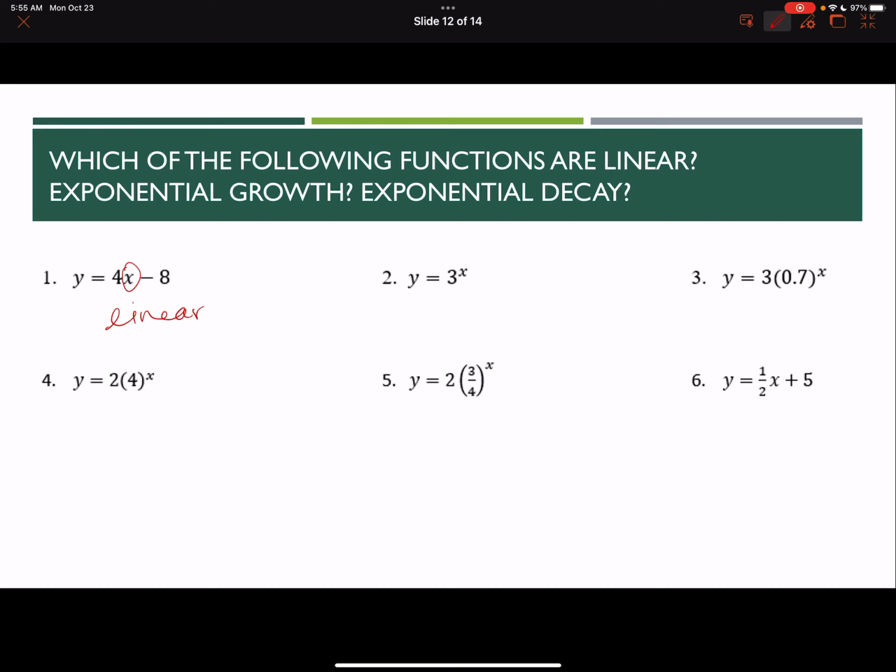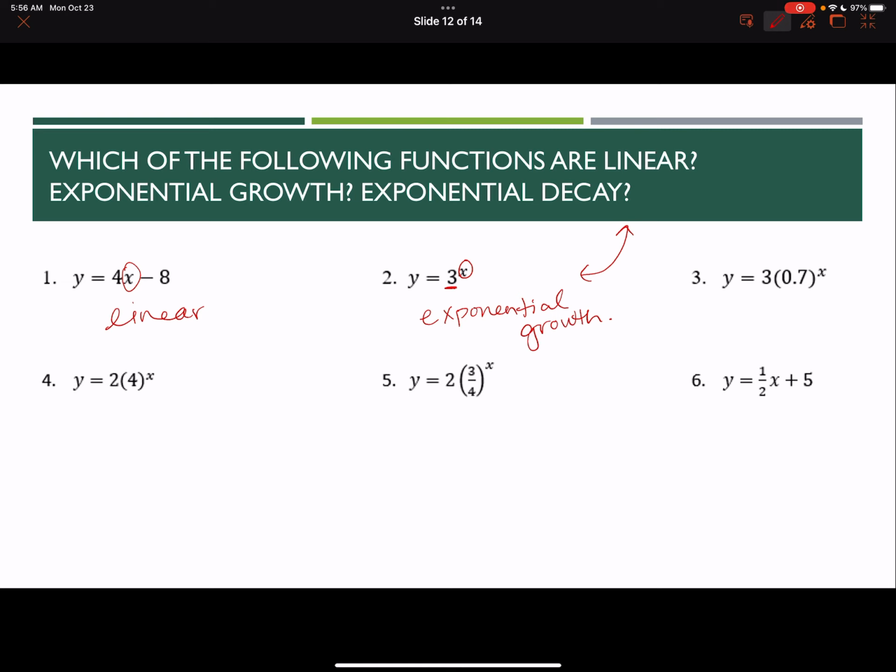Number 2, the x, that's an exponent. So I know that this is going to be exponential. And then I think about the base. So the base, what's being raised to the x power, is just that 3. 3 is bigger than 1. So this is exponential growth, meaning when I graph it, it's going to go up from left to right, right?